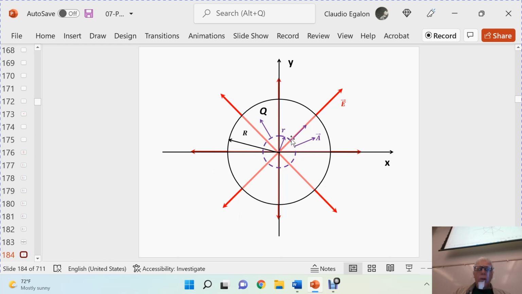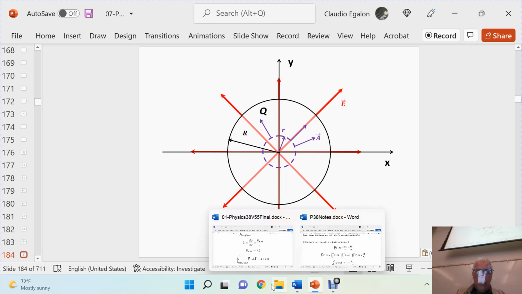The cylinder is infinitely long, but the Gaussian surface has a length L. So this Gaussian surface is going to have three surfaces just like we saw before: the actual cylindrical surface and the caps at the extremes.